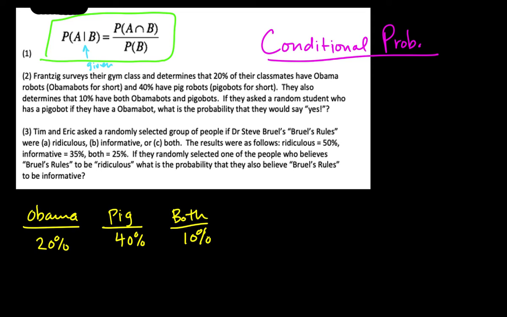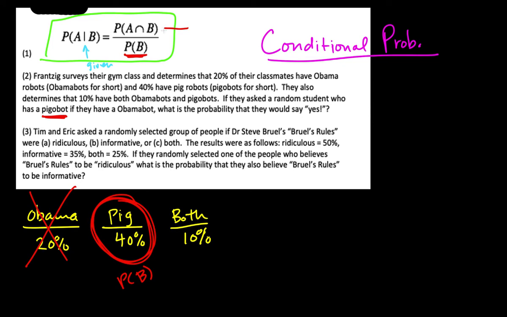All right, so we're assuming everybody's going to tell the truth, so we don't need to get into that discussion. But right here, it says we're only going to ask people who we know have Pigobots, and so that is the thing that we know has happened, and that's the one we're going to use for P of B. So in this case, we're using 40% as our P of B. We actually don't care about this.